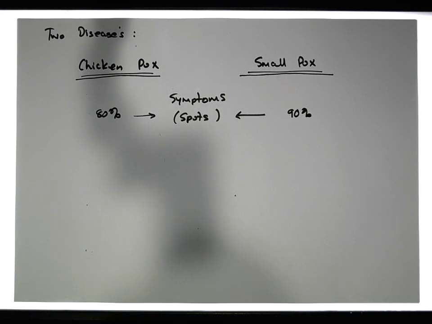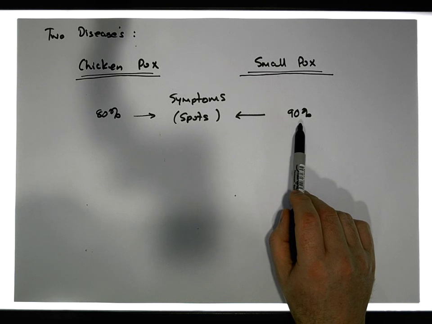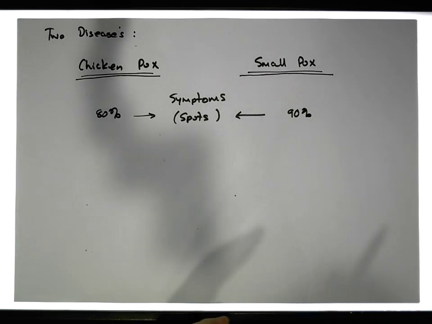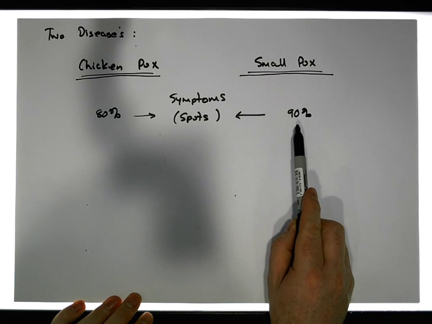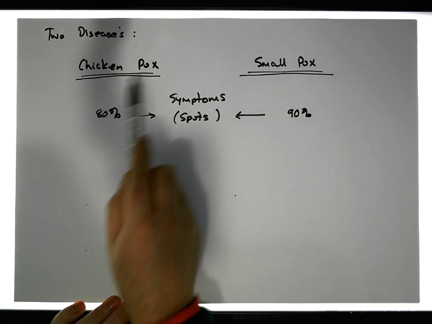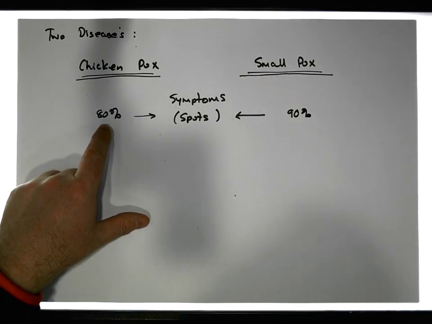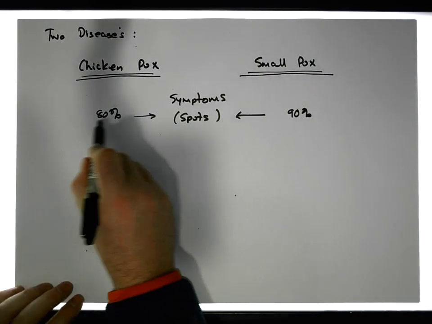Here's the dilemma. The naive perspective is that people with smallpox get spots 90% of the time, whereas people with chickenpox get spots only 80% of the time. These are two probabilities.